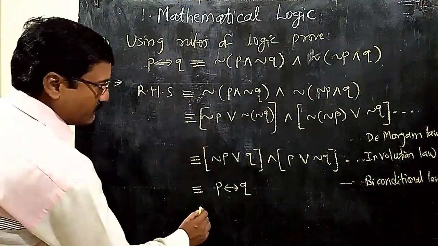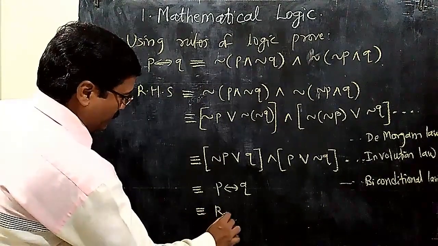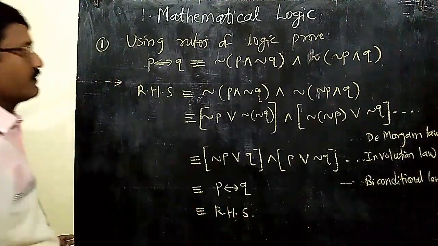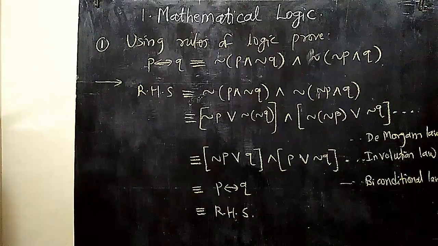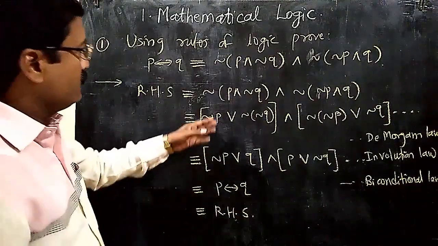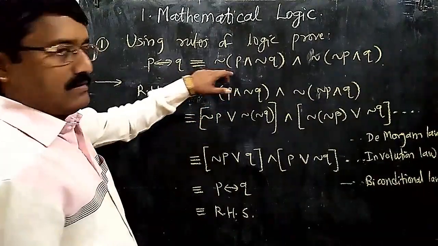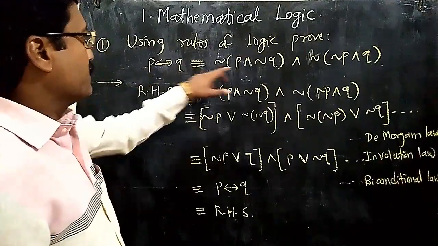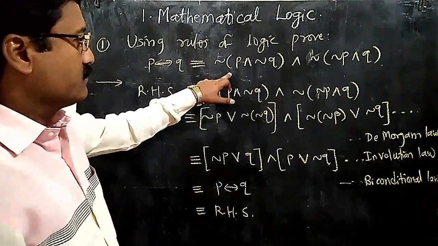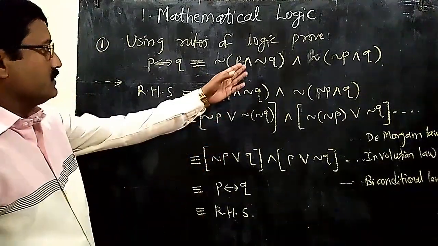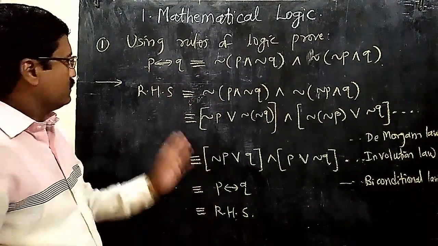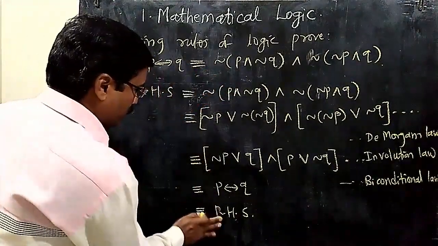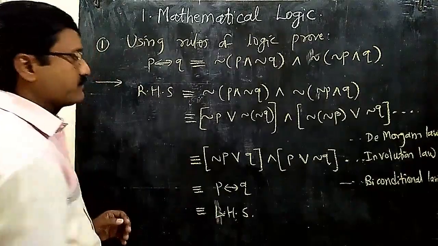So we get this as RHS. So this is the way to prove that these two logical statement patterns are equivalent. We can easily prove this RHS is equivalent to LHS.